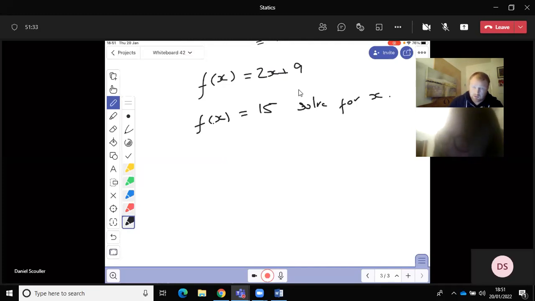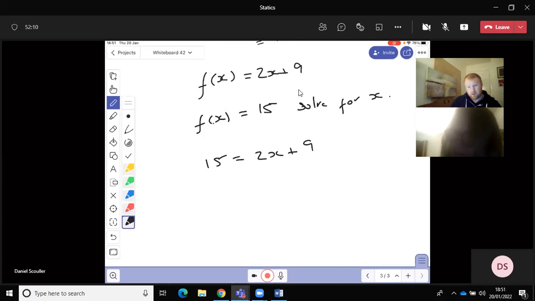All you would do in that instance is have 15 equals 2x plus 9. So what we're saying there is f(x), function of x, equals 2x plus 9, function of x also equals 15. That means 2x plus 9 must equal 15. So that would be one question. Put that in on setup, and then solve for x.